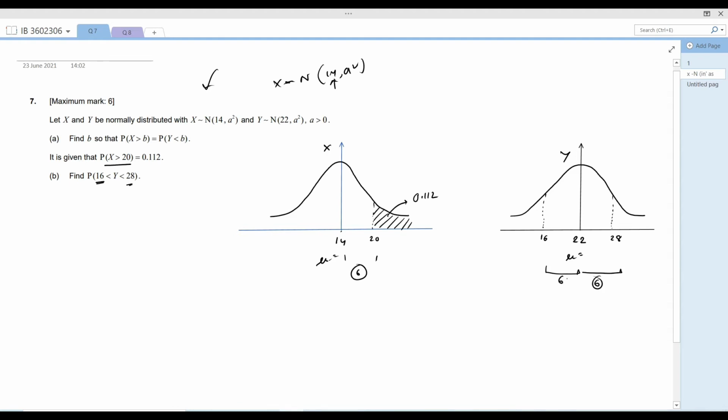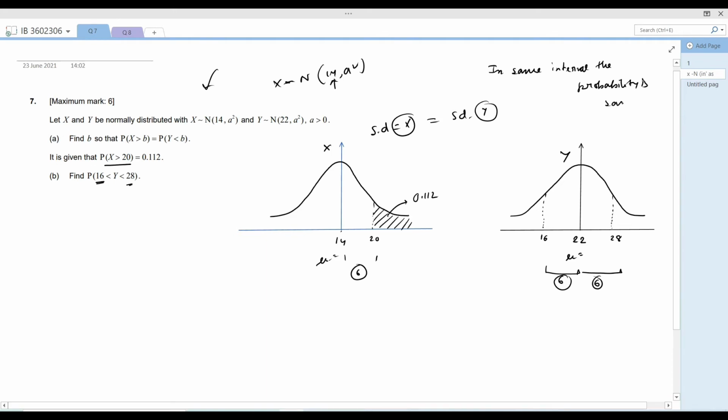We also noted that the standard deviation of X equals the standard deviation of Y. It means in the same interval the probability will be the same. Again, I am repeating, in the same interval the probability is the same. Now you can see here, after 20 the probability is 0.112.